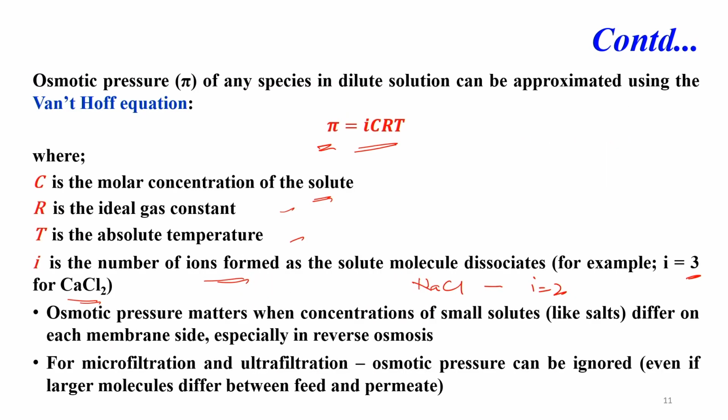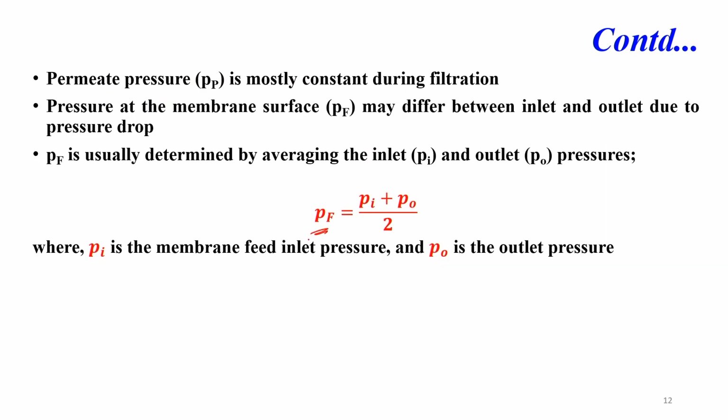driving force here. Now, many times when you are calculating the Pf, what we see is that the permeate pressure is mostly constant during the filtration, but pressure at the membrane surface may differ between inlet and outlet due to pressure drop. So, typically in that case we replace Pf with the average of Pi plus Po upon 2.